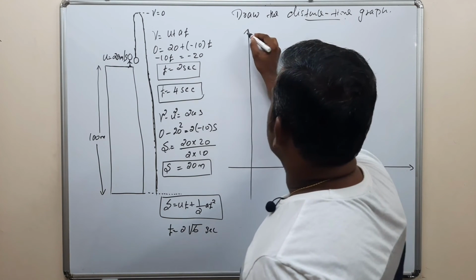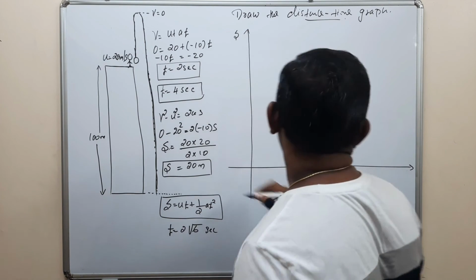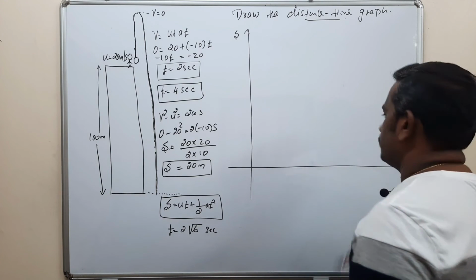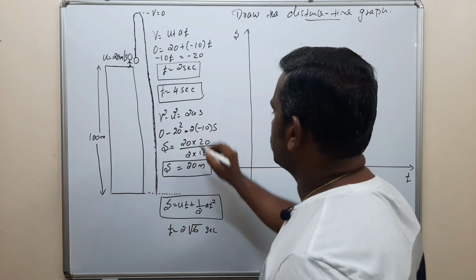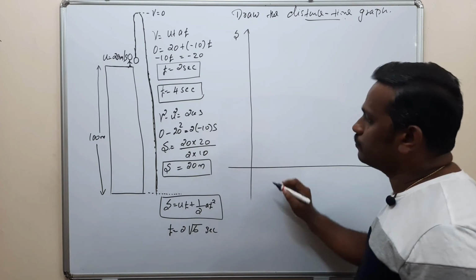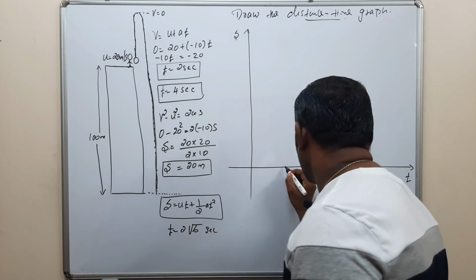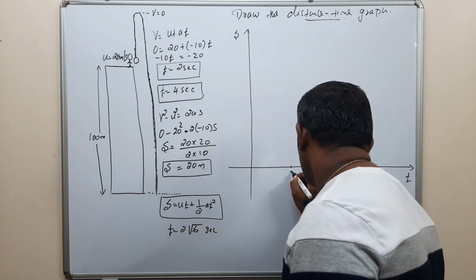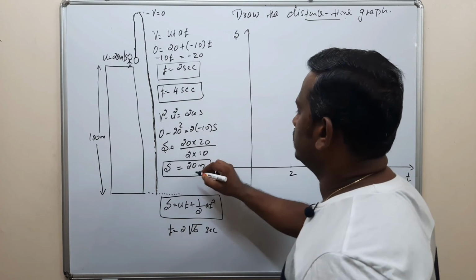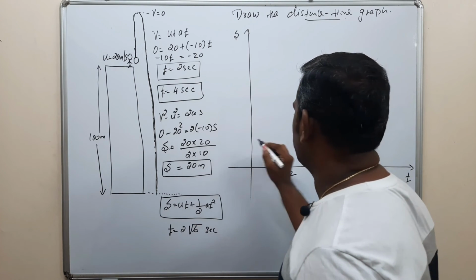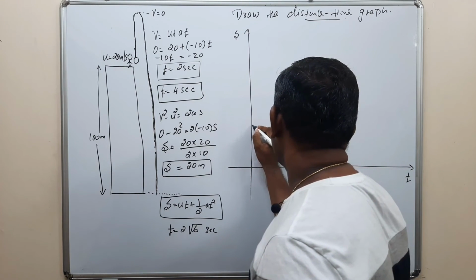So this is a distance time graph. When time t is equal to 0, the distance is equal to 0. When time t is equal to 2 seconds, the distance traveled by the ball is 20 meters.